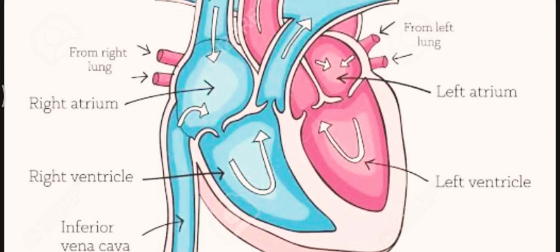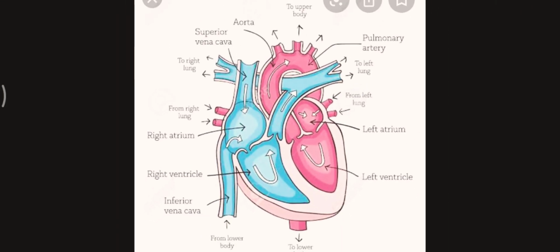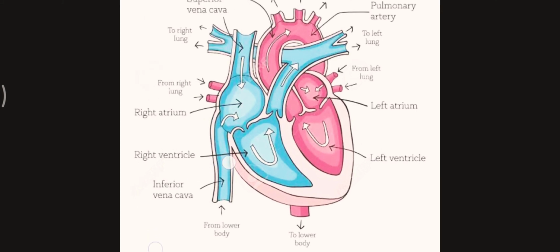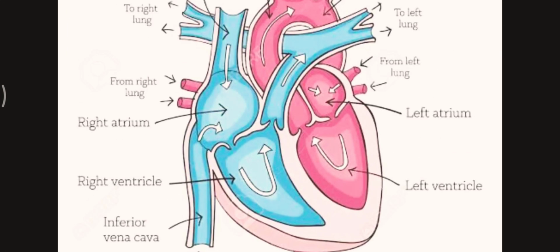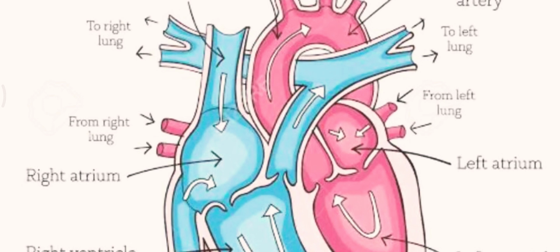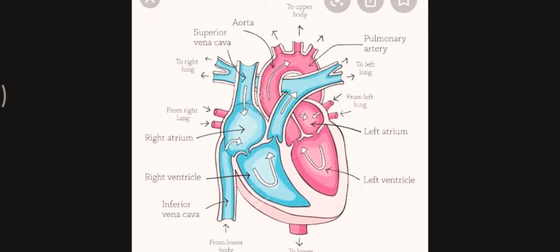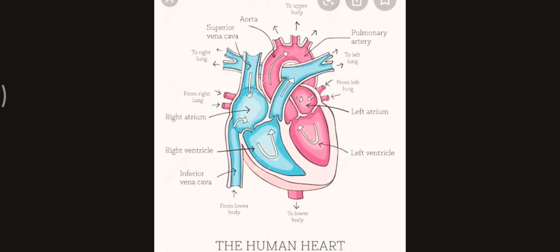Now, you can see the different types of arteries and veins of this heart. Let us see these arteries and veins. There are two largest veins that you can see here: the inferior vena cava and the superior vena cava. These are the two largest veins of your body. These veins bring the deoxygenated blood from the body to the heart.